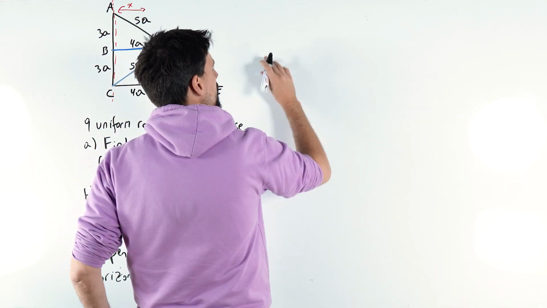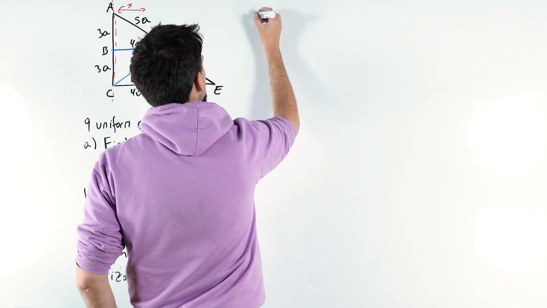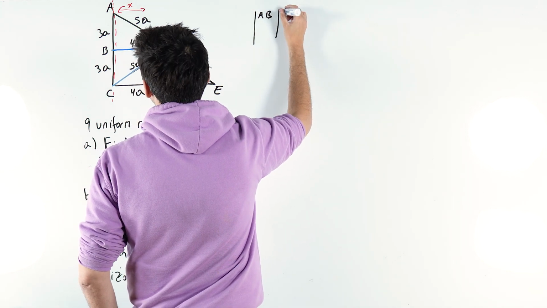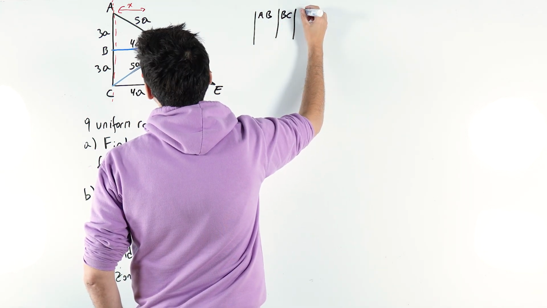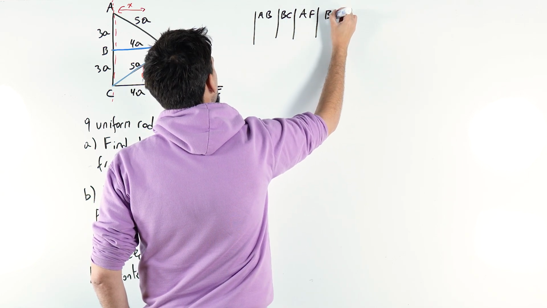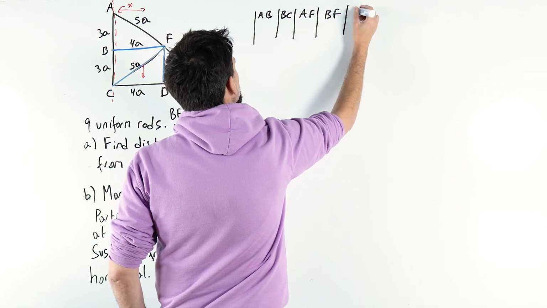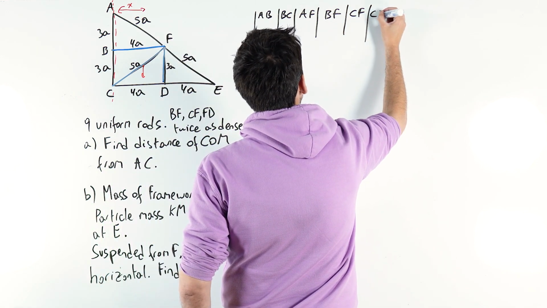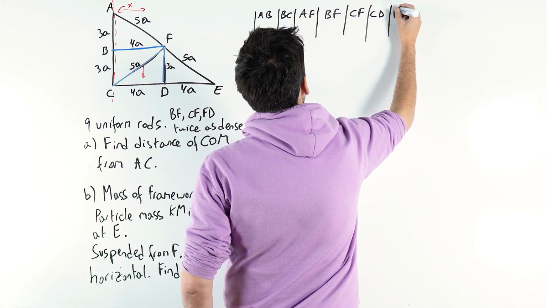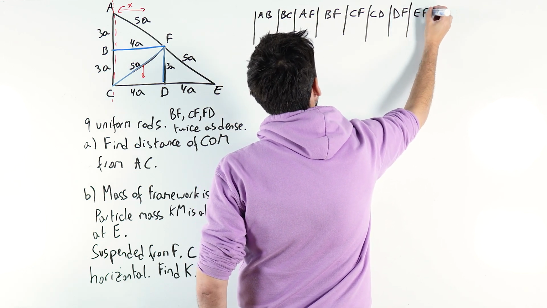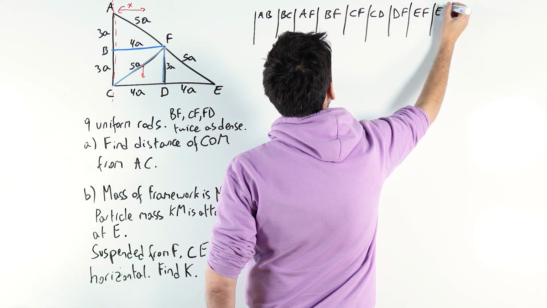The best way is to break this down into all the rods we have: AB, BC, AF, BF, CF, CD, DF, EF, and ED.